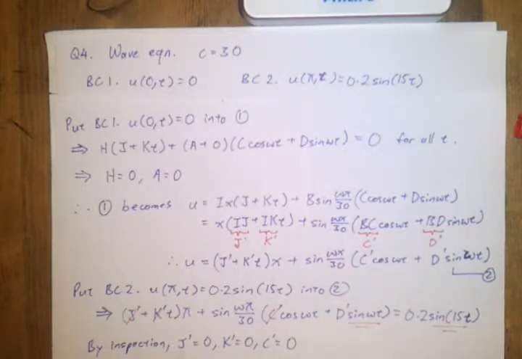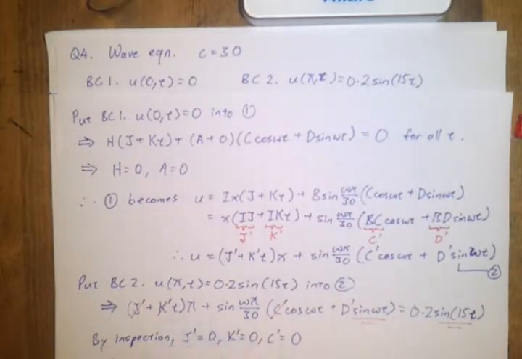Which then leaves you with d prime sine omega pi over 30 times sine omega t equals 0.2 sine 15t.